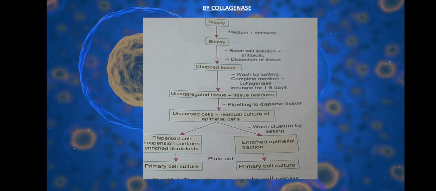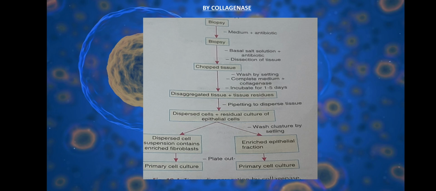The tissue sample is then passed to BSS with antibiotic, and the tissue is dissected and we obtain chopped tissue. It is washed by settling and complete medium plus collagenase is added and incubated for 1 to 5 days. Disaggregated tissue plus tissue residues are obtained. It is pipetted, and the dispersed cells plus residual culture of epithelial cells are formed.